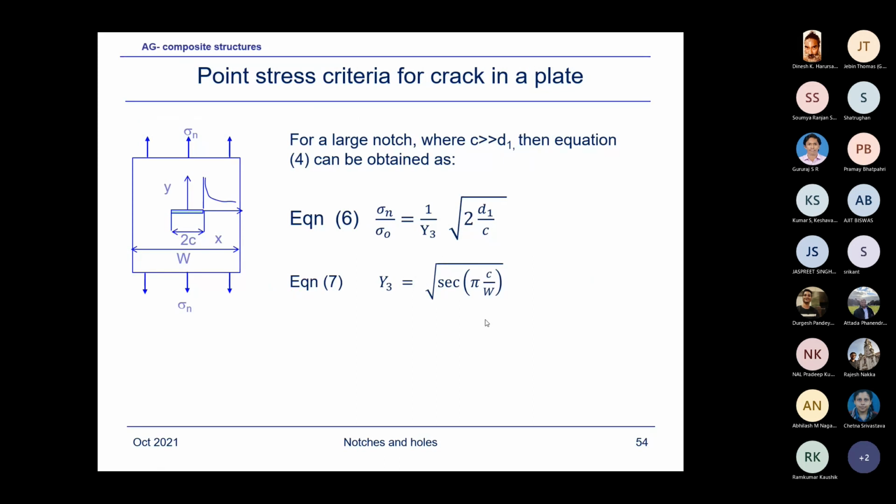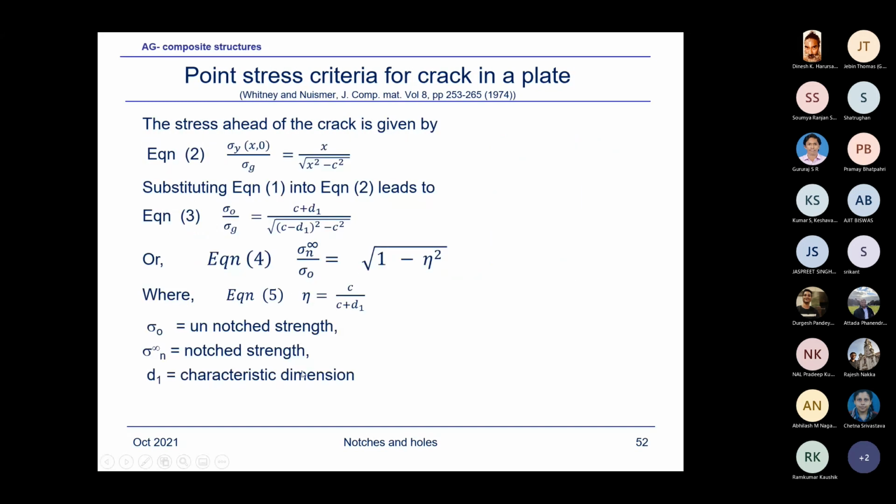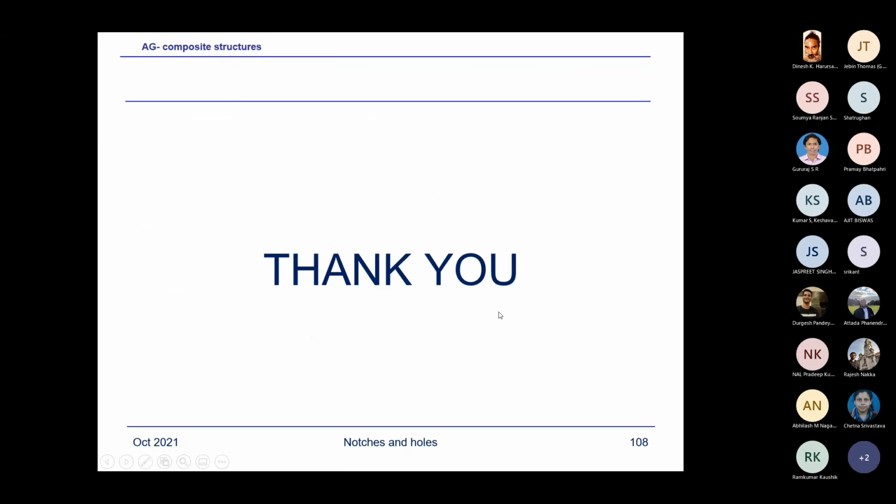Now, for a very large crack, when C is much larger than D1, then the equation which was there for eta, so this one, what can happen, if C is very large compared to D1, you can ignore D1 and this becomes 1. Of course, that then becomes 0, which is not possible, sorry.